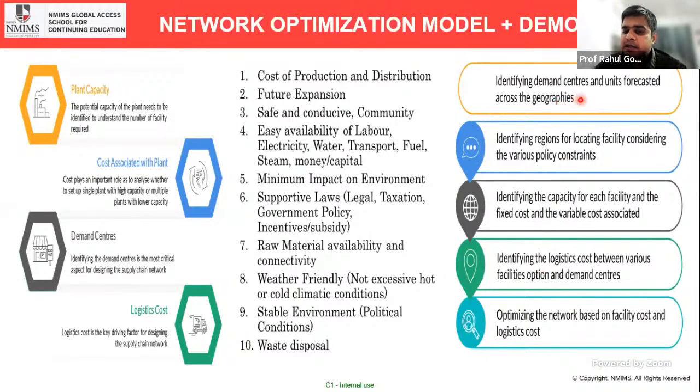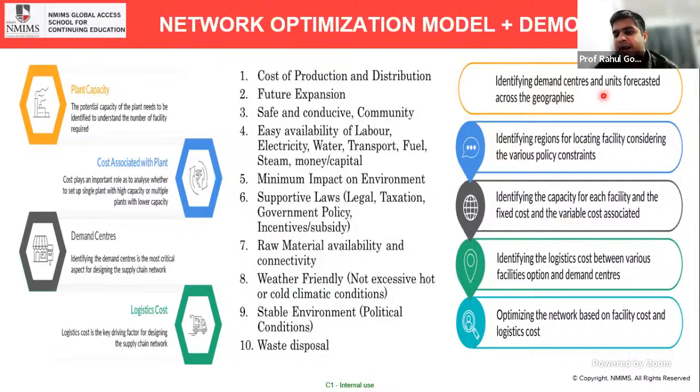So demand centers are identified, and the demand from each of those centers is mapped. Then regions are identified, considering the various policy constraints. The third step is, for each of the facilities, how much capacity there is in terms of demand fulfillment, and what the fixed cost and variable cost associated are.